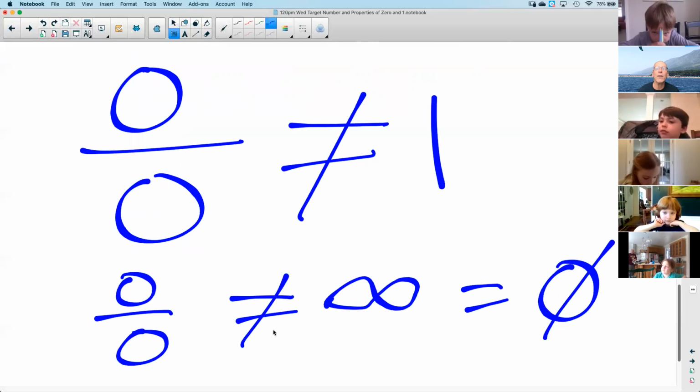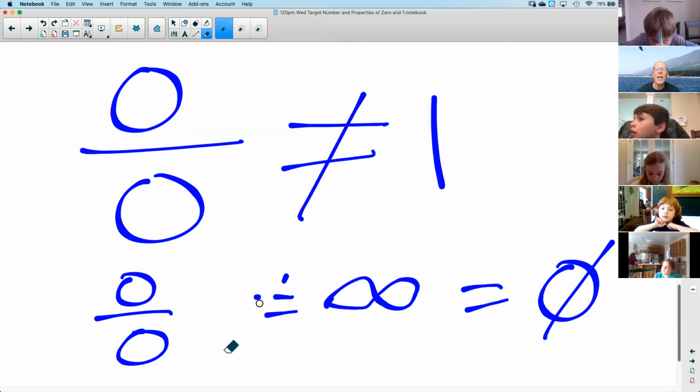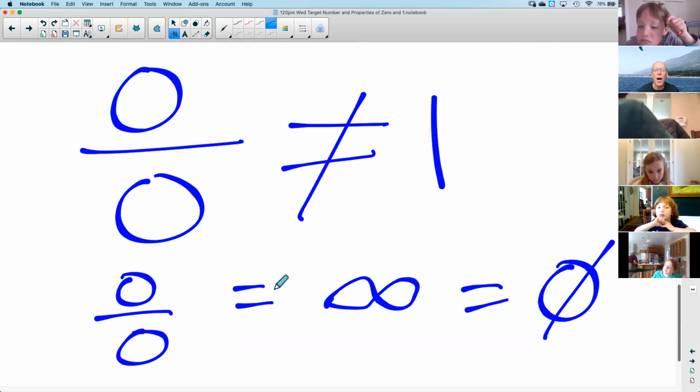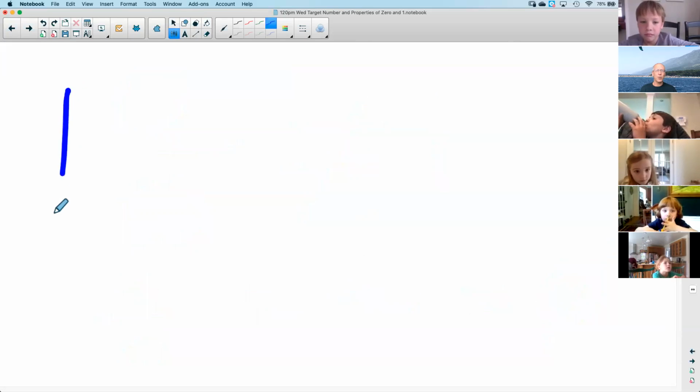So if you try to divide by 0, it's not going to be 1. It's going to always be infinity and beyond. Now, the last one should be pretty easy for you, but I want to try it anyway.